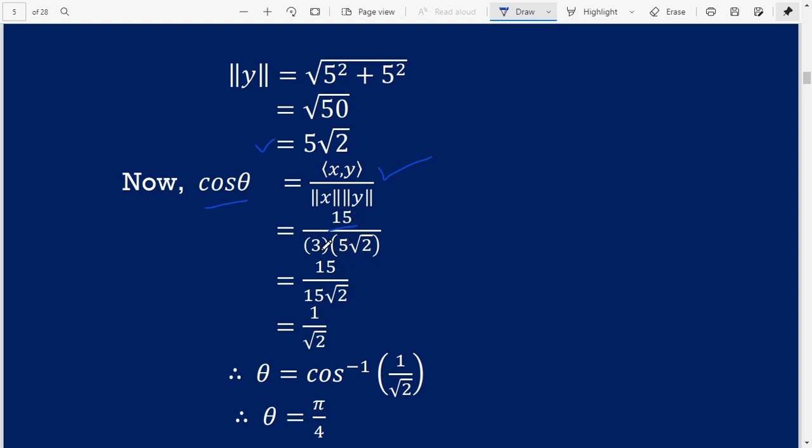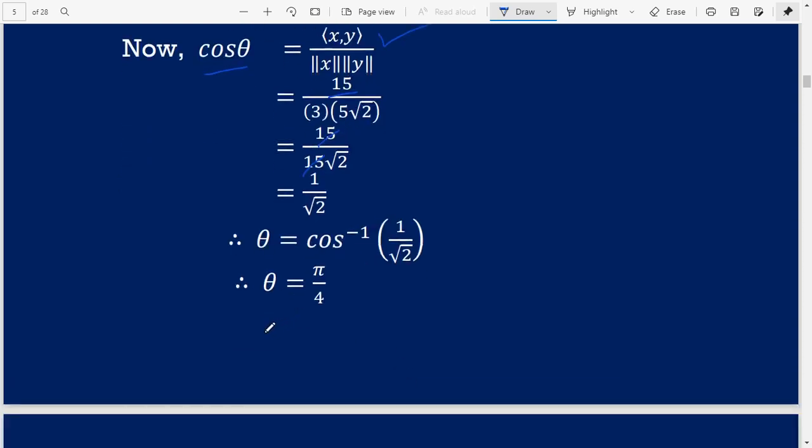So 5 into 3 is equal to 15 into root 2. So this is equal to 1 upon root 2. Cos theta is equal to 1 upon root 2. So theta is equal to cos inverse 1 upon root 2. So we get theta is equal to pi by 4.